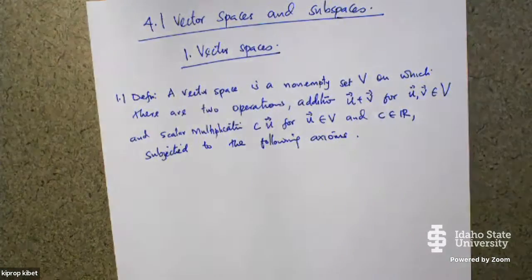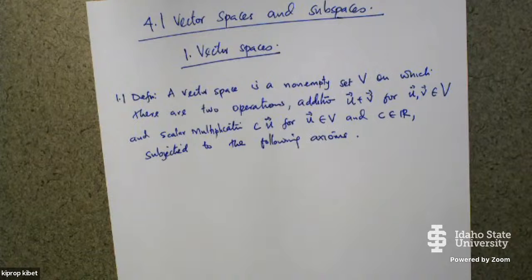For it to be a vector space, it must satisfy the axioms. So a vector space is a non-empty set on which there are two operations, vector addition and scalar multiplication, and there are 8 axioms that it must satisfy.